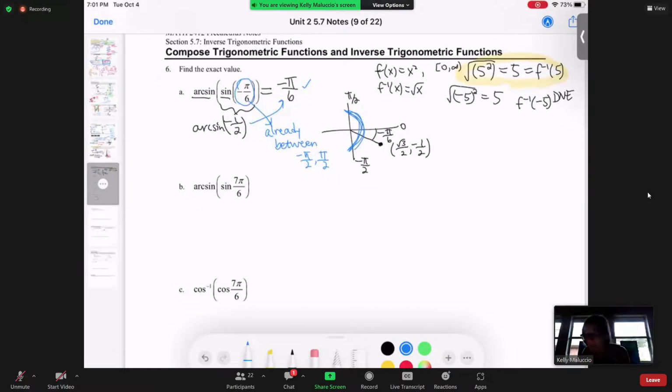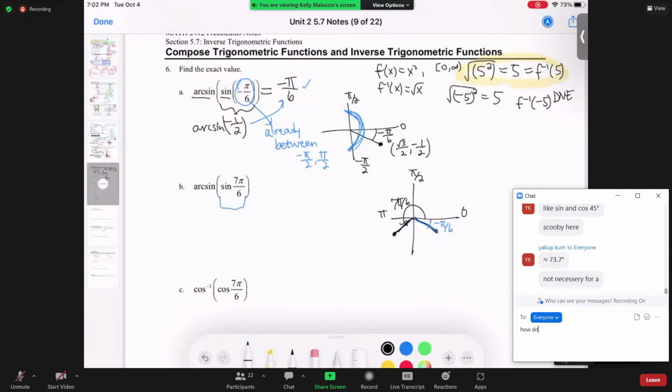But if we look at this next one, 7 pi over 6, where's that at? Here's 0, pi over 2, pi. 7 pi over 6, that's over here. And remember, it's very similar to the point here, but this is 7 pi over 6, and I'll say this was negative pi over 6.